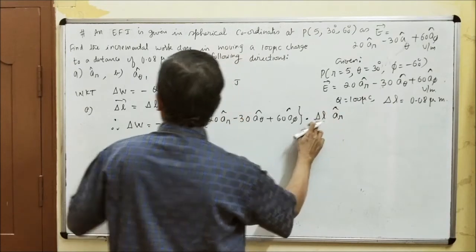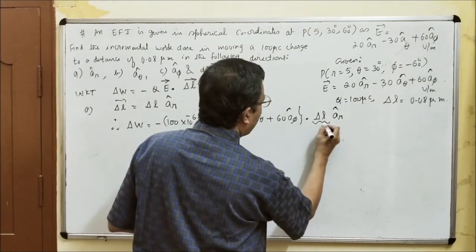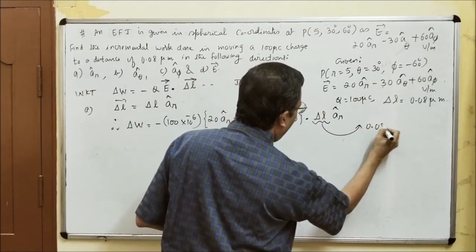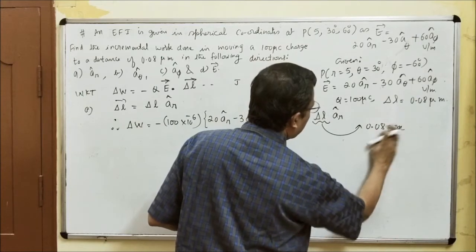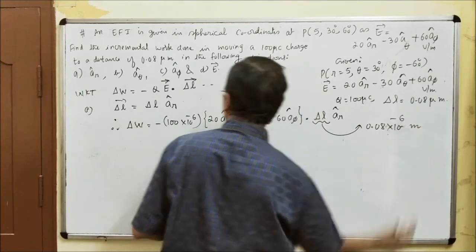What is this delta L? Delta L is 0.08 micrometers, that means 0.08 into 10 to the power minus 6 meters.